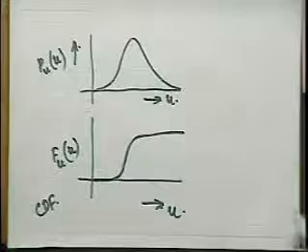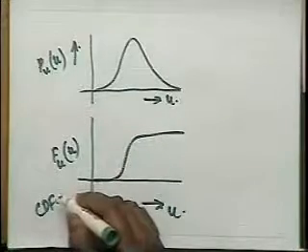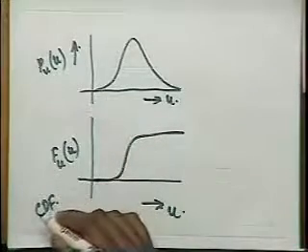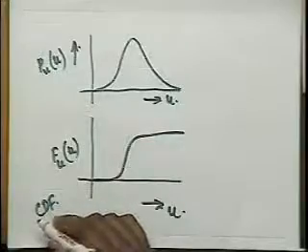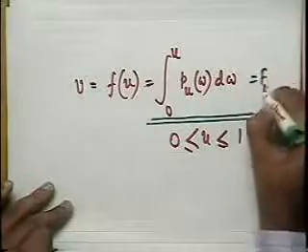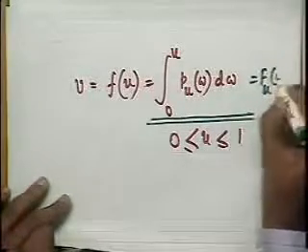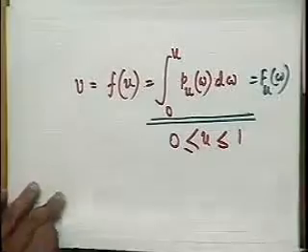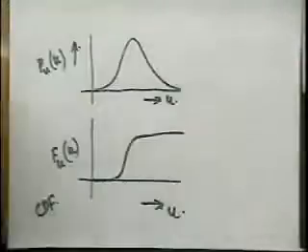Or rather, this FU of u I have defined as my V. The transformation function itself has been defined as V is equal to this. So that means to say this can be written as Fu. Of course, we have to write it with respect to the dummy variable W in this case, which I can substitute by U again.